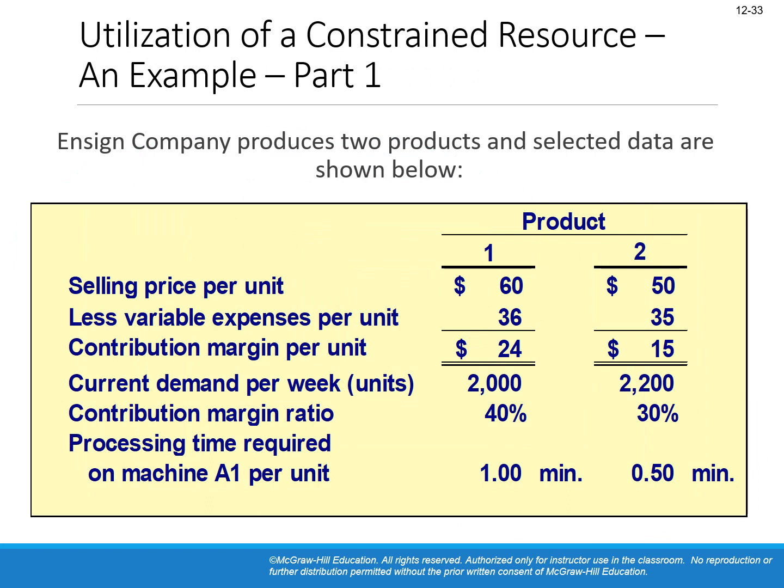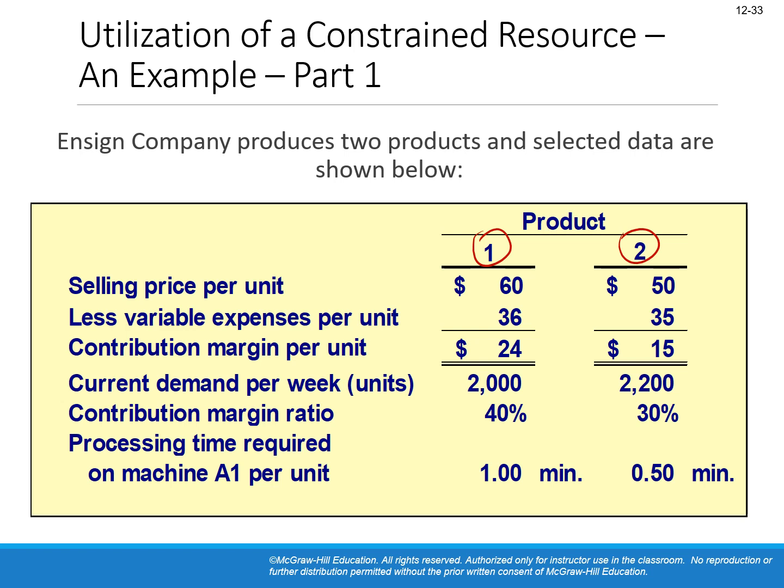Now, the example says, a company produces two products and selected data are shown below. The selling price per unit is $60 for product 1 and $50 for product 2. $36 is the variable expenses for product 1 and $35 for product 2. Contribution margins are given accordingly, $24 and $15.